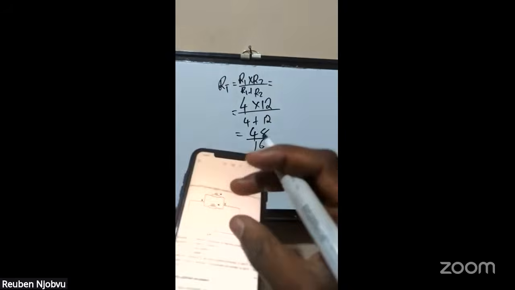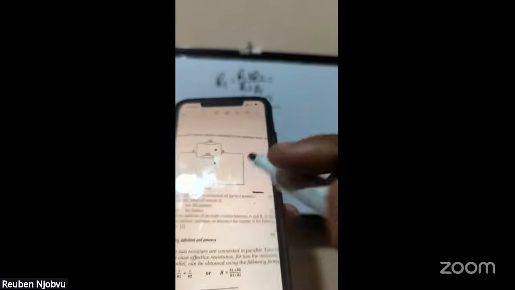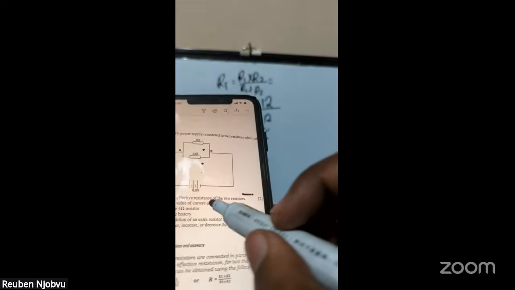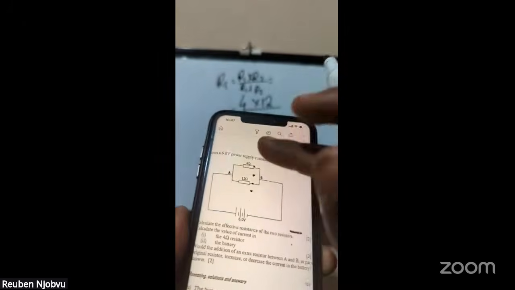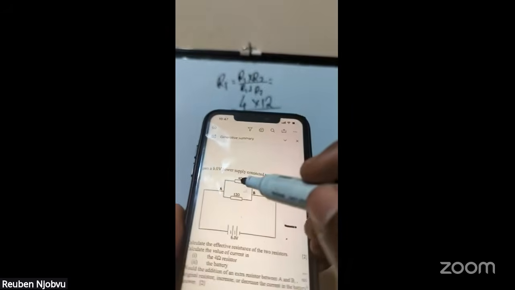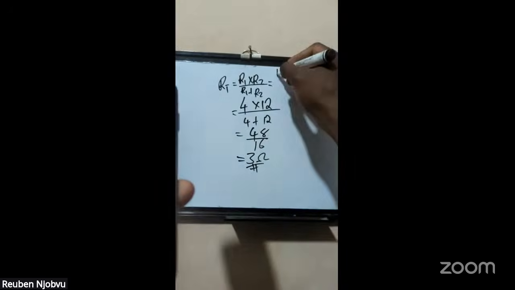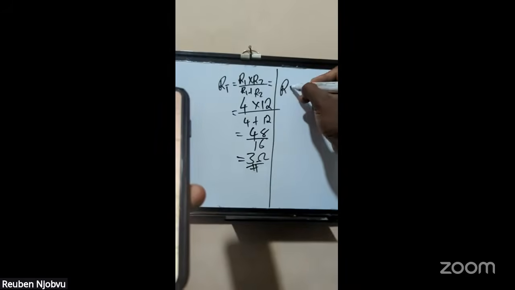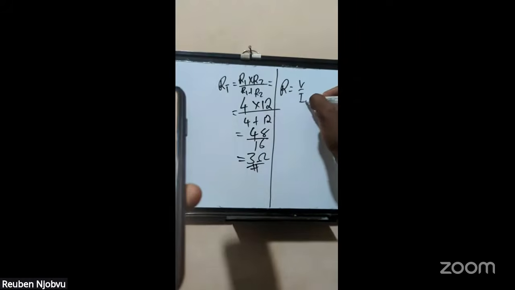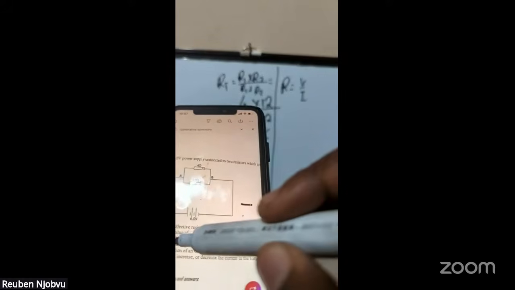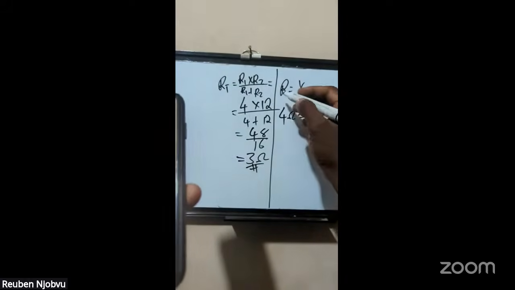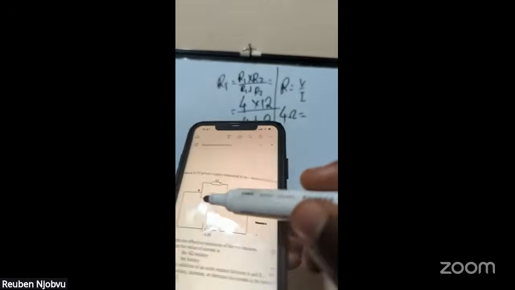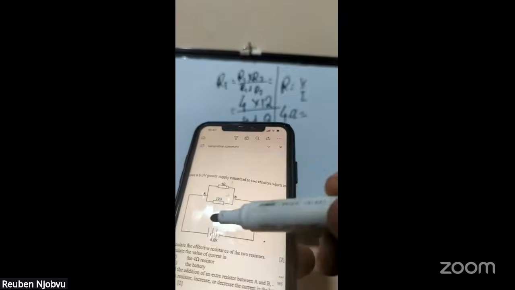Then the second question is requesting you to calculate the value of the current in the 4 ohm resistor, because in parallel the current is different. You're going to say resistance is equal to voltage over current. 4 ohm resistor is equal to what voltage? In parallel, the voltage is the same, but current is different.